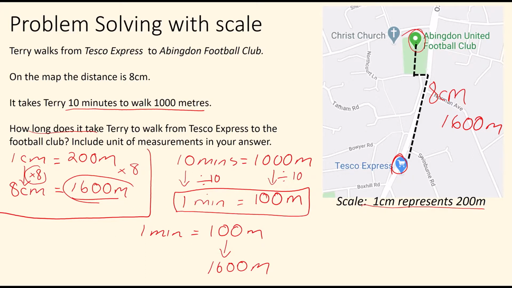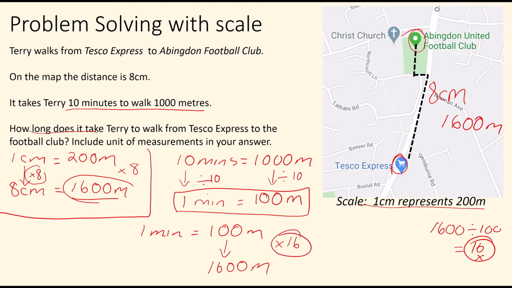So what is the relationship? Now, just from those numbers, I can see that if I do 100 and I times it by 16, it will actually give me 1,600 metres. If you weren't so sure about that, you could do a backwards calculation and just do 1600 divided by 100, and that will give you 16. So that would be what you times by on each side.